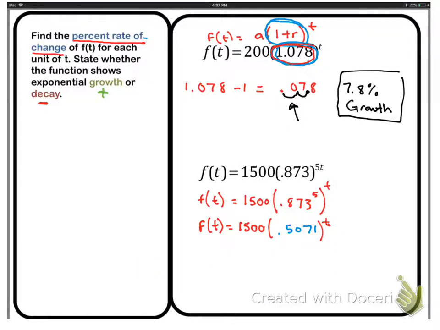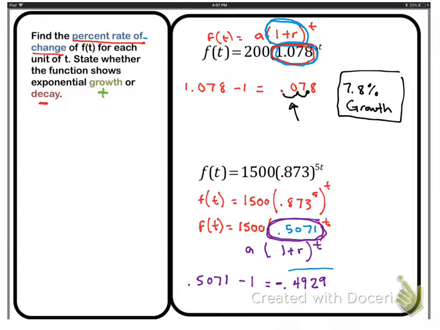Okay, so now I have t by itself, so I can go ahead and find the rate here. And remember, to find the rate, this is a times 1 plus r to the t power. It's within the parentheses here. So I'm going to take my 0.5071, subtract my 1 away, and that gives me 0.5071 subtract 1 gives me, sorry, negative 0.4929.